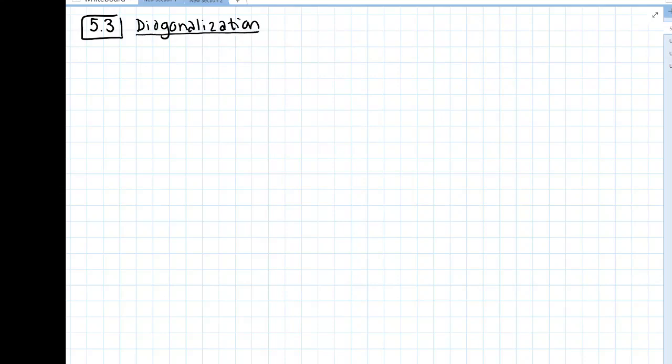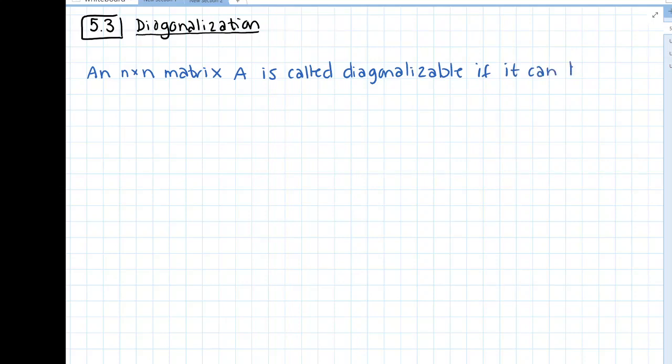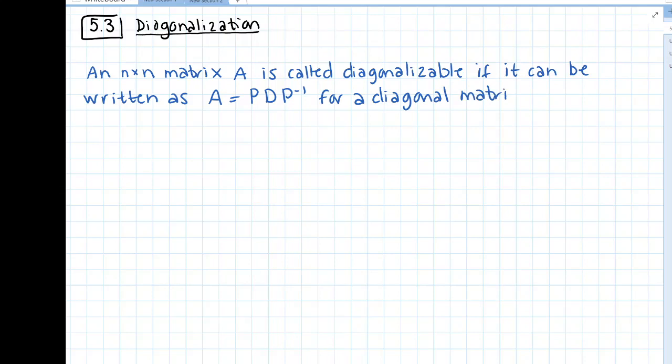As we talked about last time, an n by n matrix A is called diagonalizable if it can be written as A is equal to P D P inverse for a diagonal matrix D and an invertible matrix P.